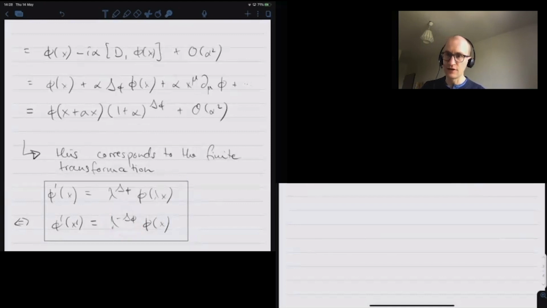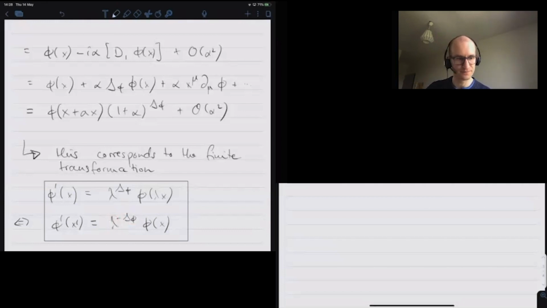So if you want, this is the a posteriori justification for calling delta the scale dimension, or the scaling dimension, or the conformal dimension. Because if you apply the dilatation to a field according to the rules that we've worked out, the field itself picks up a prefactor, which is precisely the scaling length raised to the power of what we call the scaling dimension.